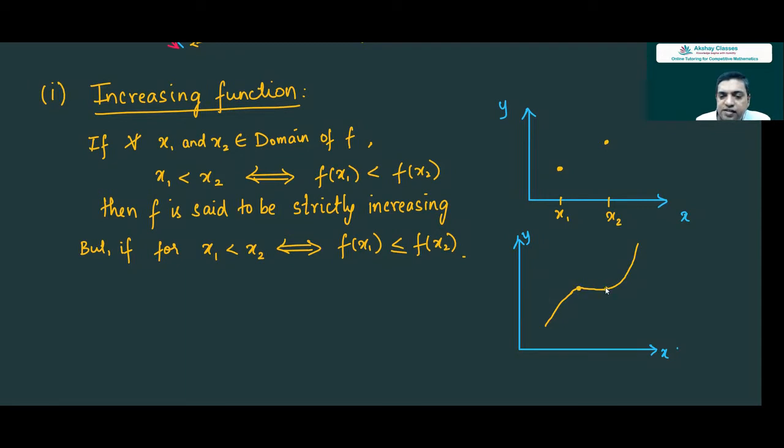On this region, there are function values at 2 points which are equal. Or in fact, in this whole region between x1 and x2, this is a constant value. Now such a function, then f is said to be increasing.